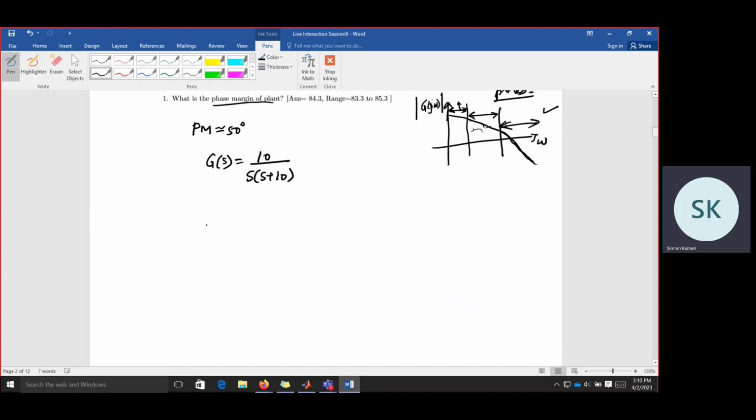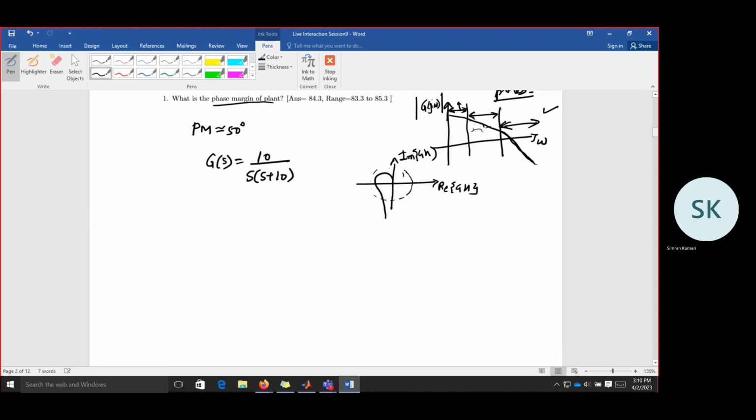For phase margin, suppose we have this kind of Nyquist plot, with the imaginary part of G(s) on this axis. The phase margin is determined at the frequency at which the gain of the system is 1.